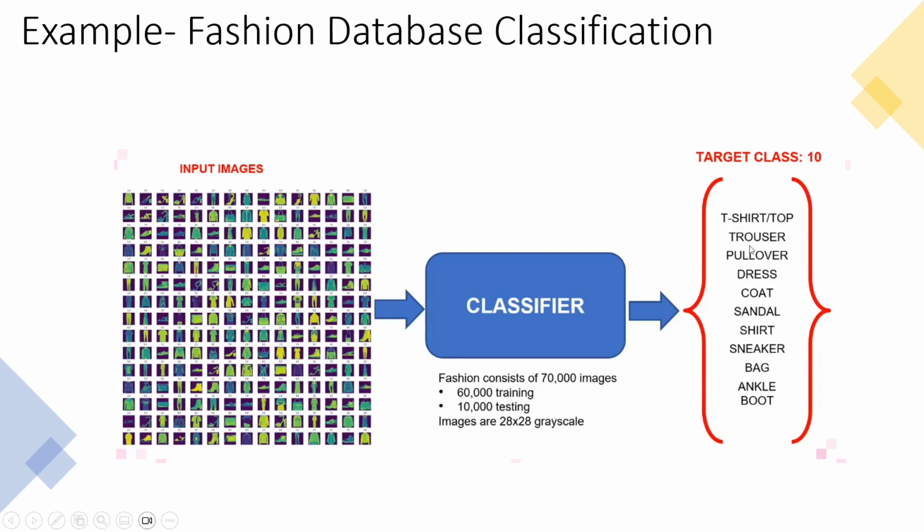We have t-shirt, trousers, pullover, dress, coat, sandal, shirt, sneaker, bag, ankle boot, and these are the classes we are interested in. So given an input image, it's going to give a probability for each of these 10 classes.